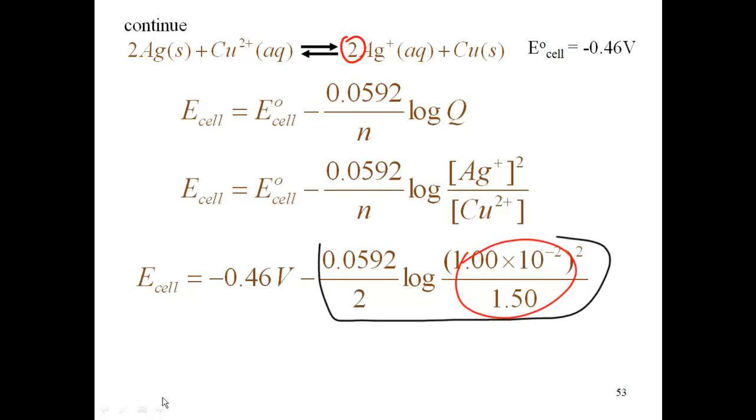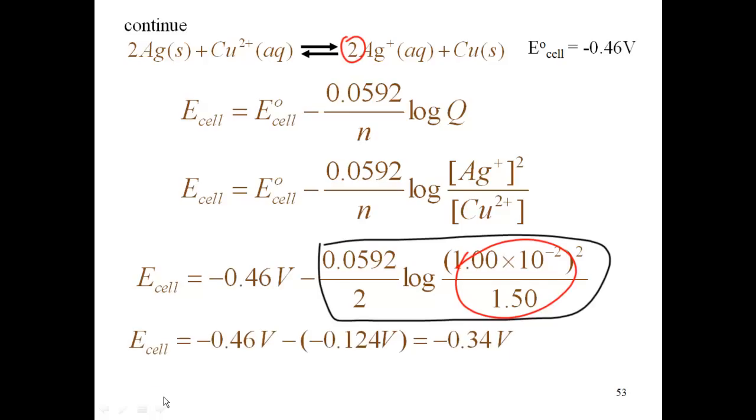That whole value, when it's finished being calculated, is negative 0.124 volts. Plug that in: negative 0.46 minus a negative, which is a plus, gives me negative 0.34 volts. So it's still electrolytic, but it's less voltage. Less voltage is needed for that reaction.